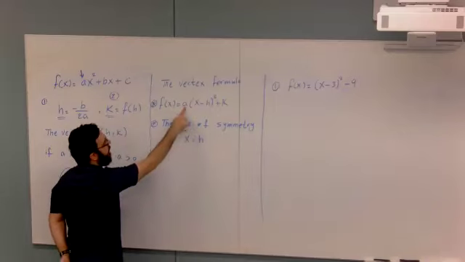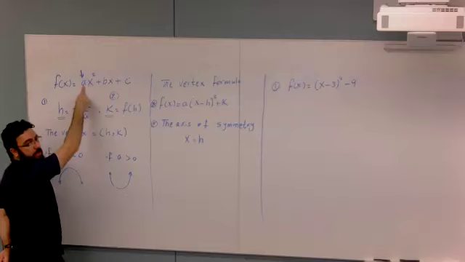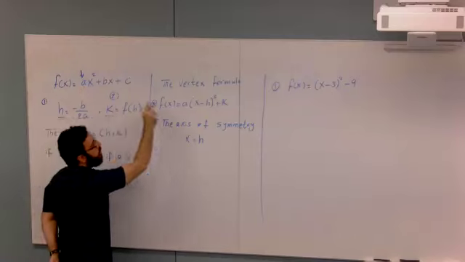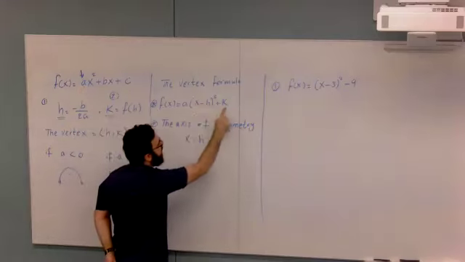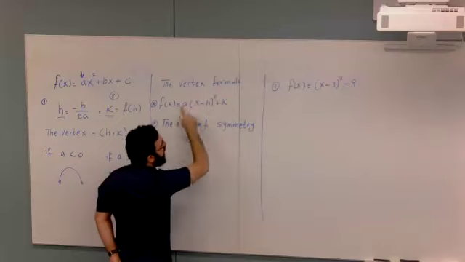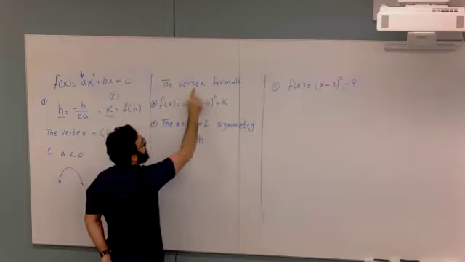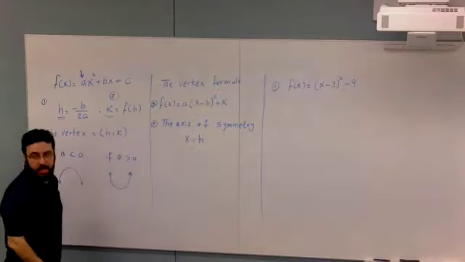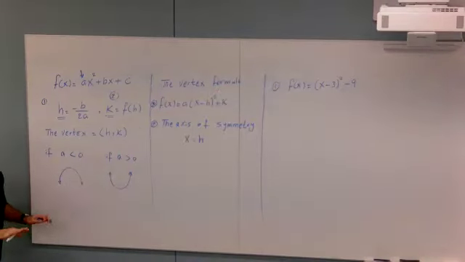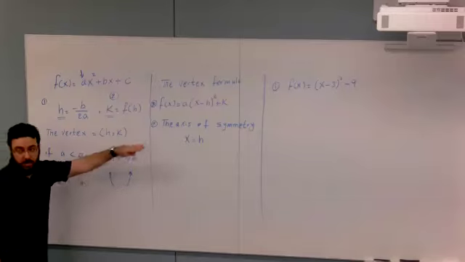The value of a is the same value of a here. So when you find h and k, plug in everything in this formula, and you're going to get the vertex formula. Is that okay so far? Yes or no? I'm going to do an example exactly like what I'm doing.